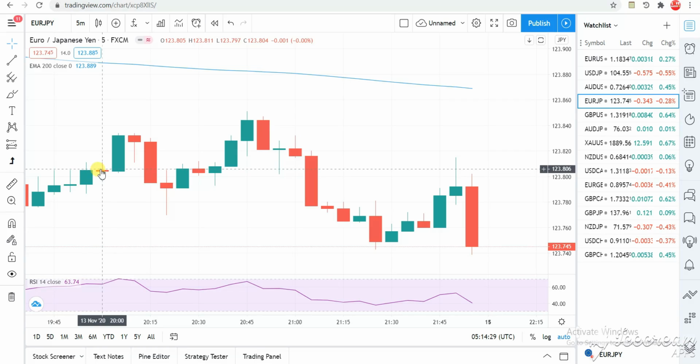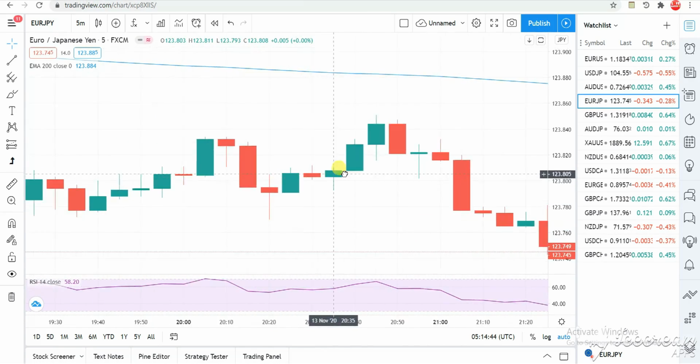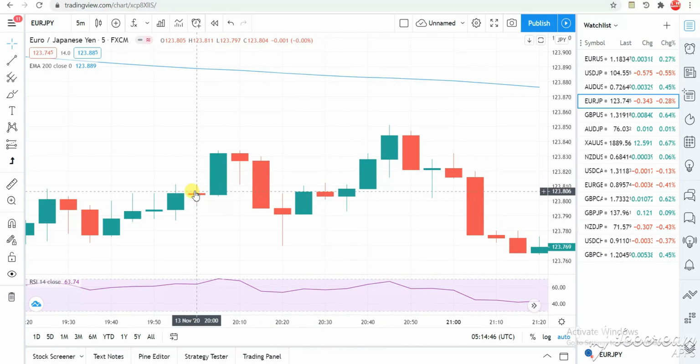The market opened at this point, probably went up and retraced back down and closed there. Because it's weak doesn't mean I won't call it a bearish candlestick. It ended up being red, obviously closing below the open of its session. So this clearly means this is a bearish candlestick.